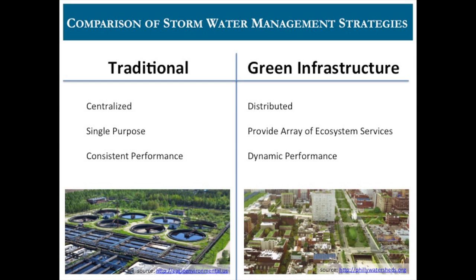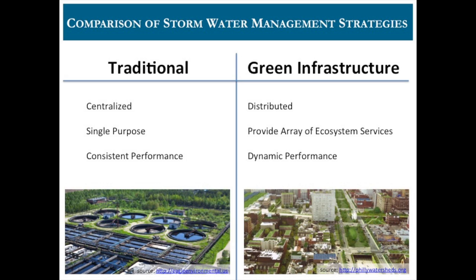So there are traditional ways of dealing with stormwater, and I'm showing on the left a traditional wastewater treatment plant. They're centralized, single purpose, and because they're more mechanical, they have consistent performance. This new strategy of green infrastructure is distributed and commonplace, and in addition to helping with stormwater management, it provides services that ecosystems provide, so cultural, health, and livability services.